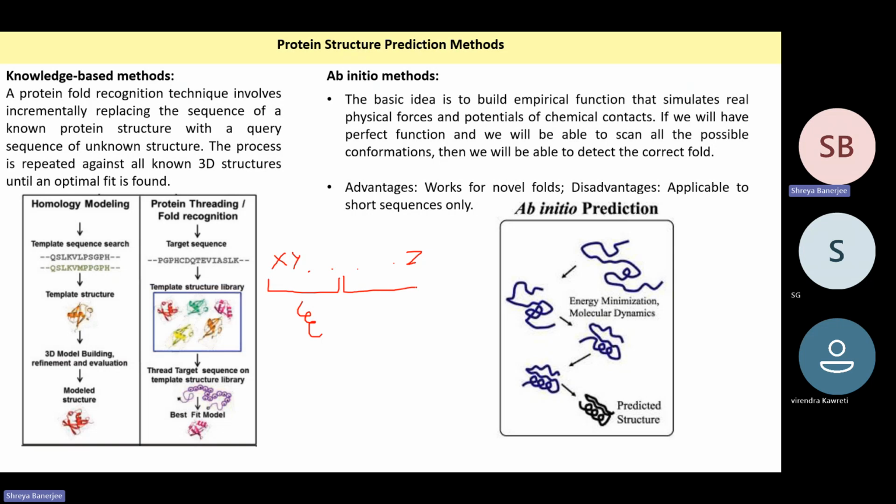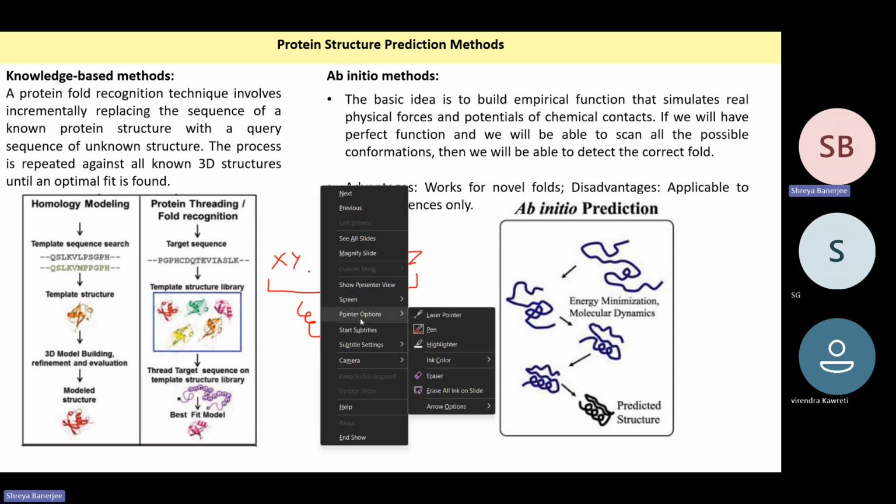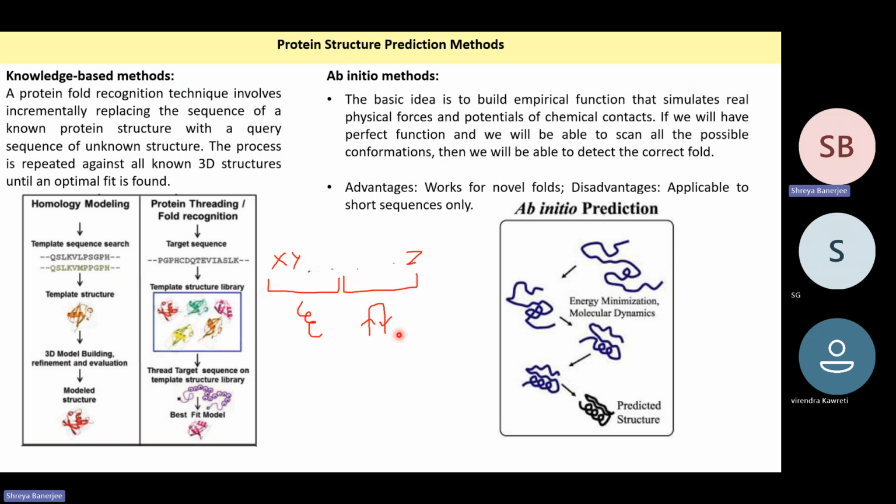Then from here to here, we compare with known sequences and find out it has a beta sheet structure. Like that, the sequence is compared with other known sequences, and they overlap to reconstruct the possible structure of this new sequence. So that is the method based on knowledge.